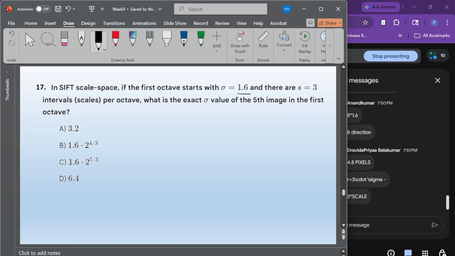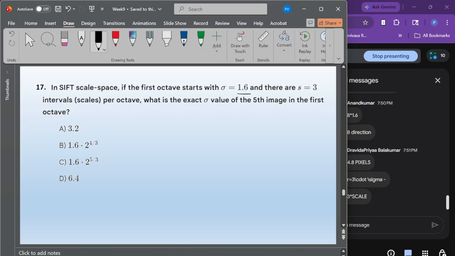So anyone, any idea for this? In the SIFT algorithm, the scale space is constructed by dividing each octave into S intervals. To achieve this, several Gaussian blur images are produced, as we have already seen for each octave.